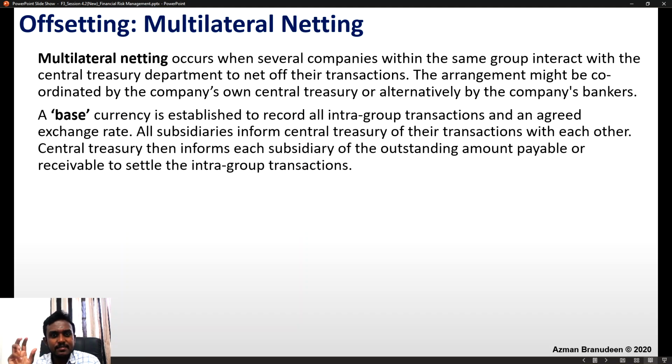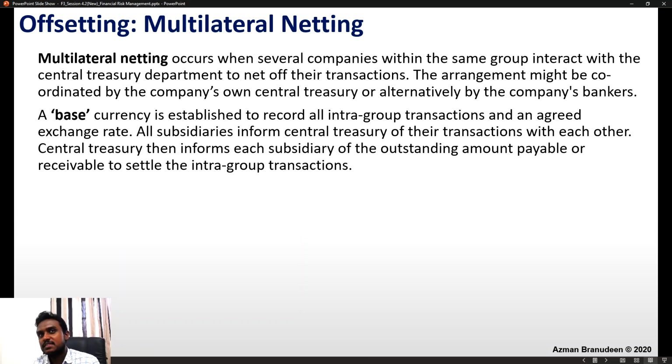So treasury, this is the third time we are seeing the term treasury. Remember that the treasury department, I think I touched on the treasury aspect and how important treasury is in another F3 segment as well. Remember that treasury can be a very useful team, especially for large corporations with a lot of transactions going through the company.